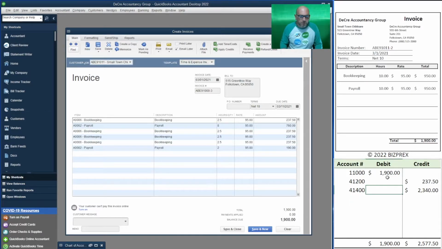Right, that's another way to demonstrate what's going on. More bookkeeping. More bookkeeping. And one more payroll.